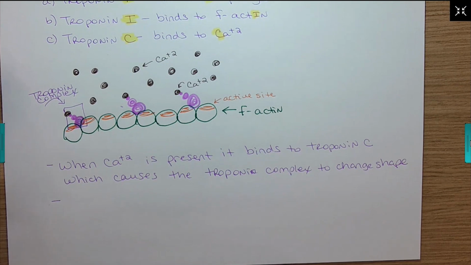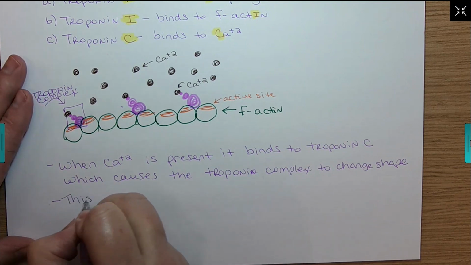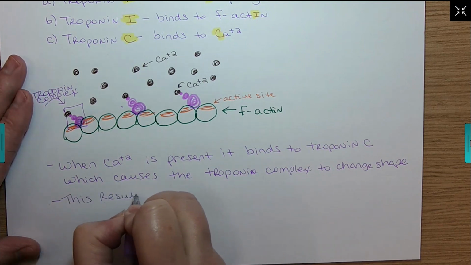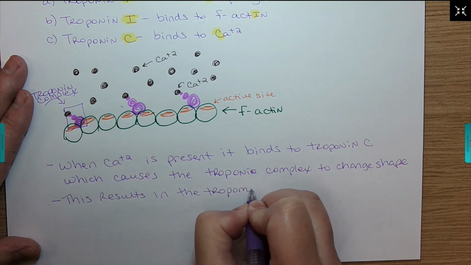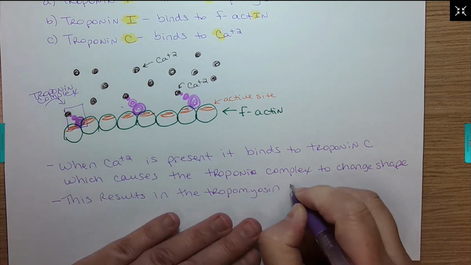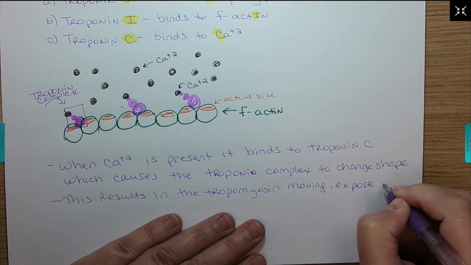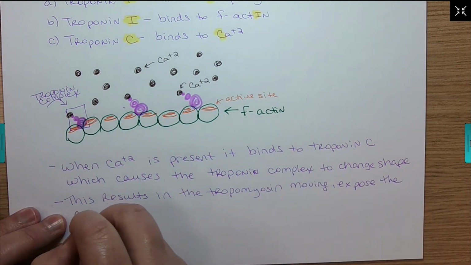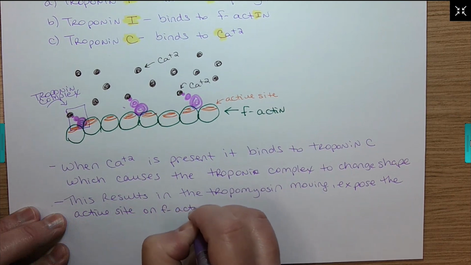Now keep in mind, this troponin complex is attaching to everything. So if it changes shape, everything else has to shift. It has to, right? So if the troponin complex changes shape, this results in the tropomyosin moving, which will expose the active site on F-actin.